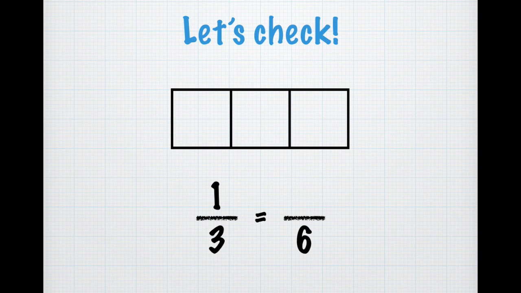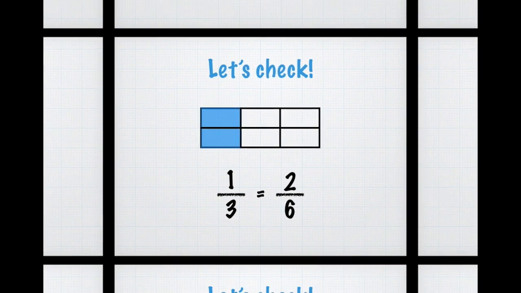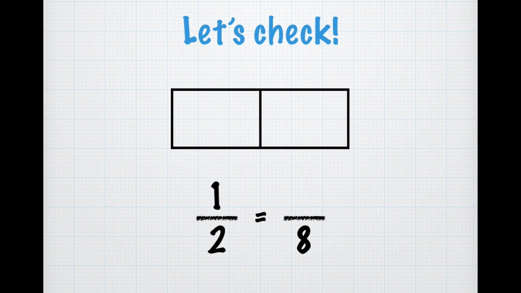1/3 is equal to how many sixths? I shade in 1/3 of my model, then I divide it to make 6, and I can see that 2 are shaded, so 1/3 is equal to 2/6. And our last one, 1/2 is equal to how many eighths?